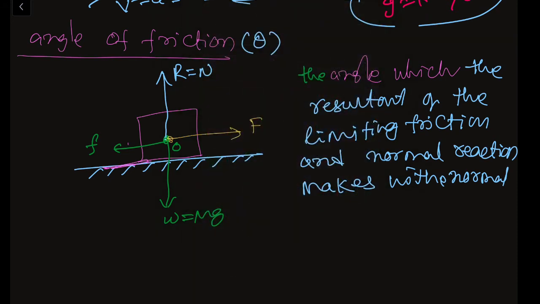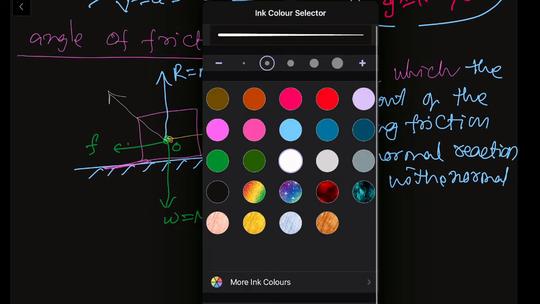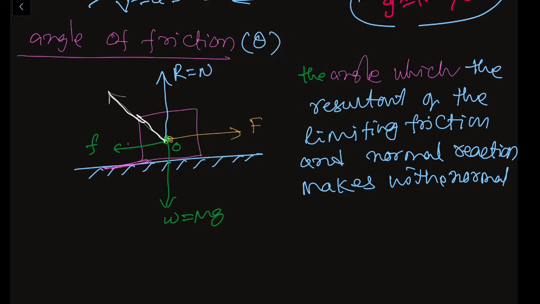Children, here this is the resultant. We have to get the resultant force Fr. The angle between the resultant force and the normal force is the angle of friction.